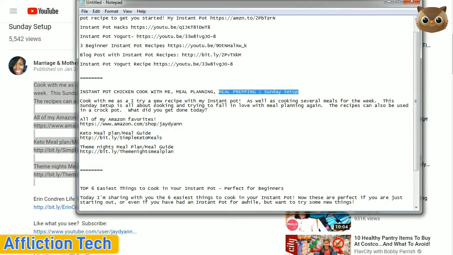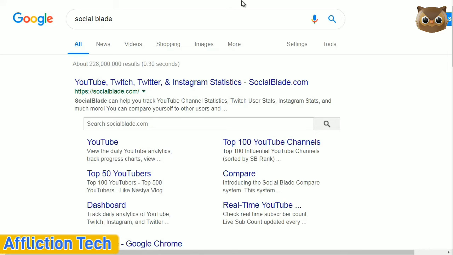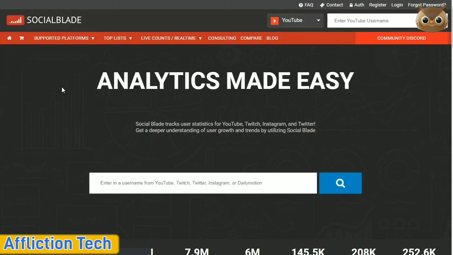Now you can do some deeper dive competitive research using specific tools. One specific tool is called Social Blade. That's socialblade.com, as you can see here. I like to use this to get a better idea of the YouTube channel as a whole. Because what you're trying to figure out is, did this person rank because their channel as a whole has a lot of traffic?